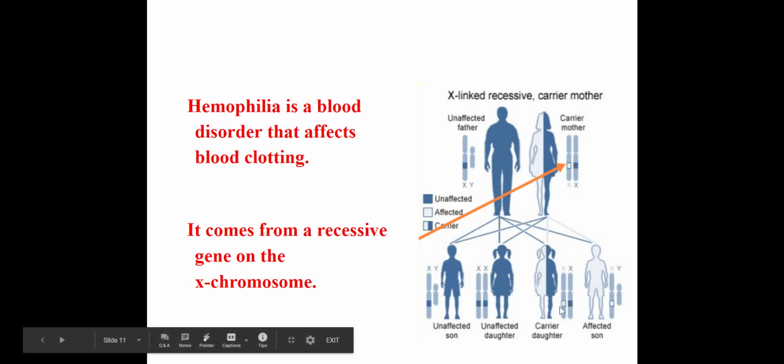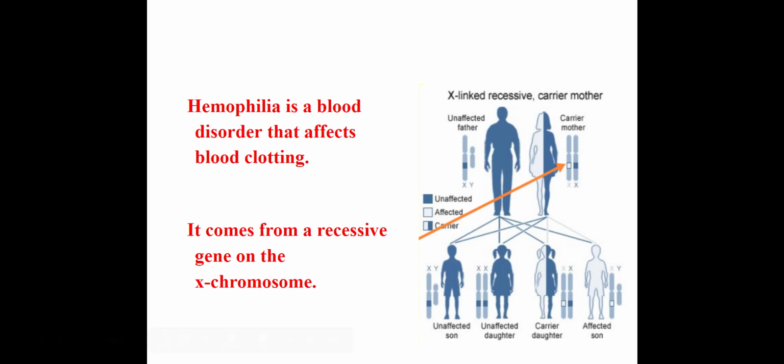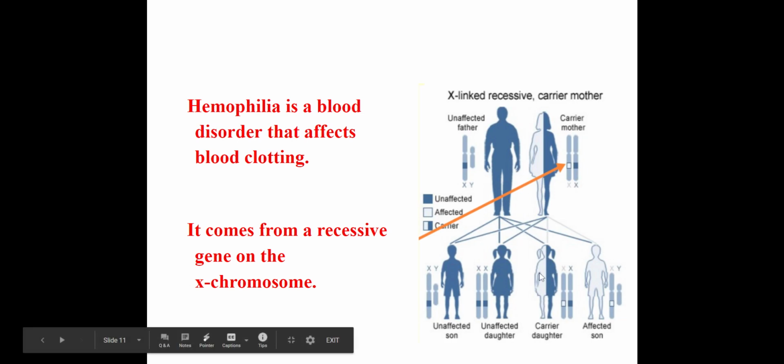But remember, if it's a recessive trait, the dominant trait takes over. So she is a carrier for hemophilia, but she's not showing signs of it because her dominant unaffected allele, the one she inherited from the dad, is covering up the one she got from mom.